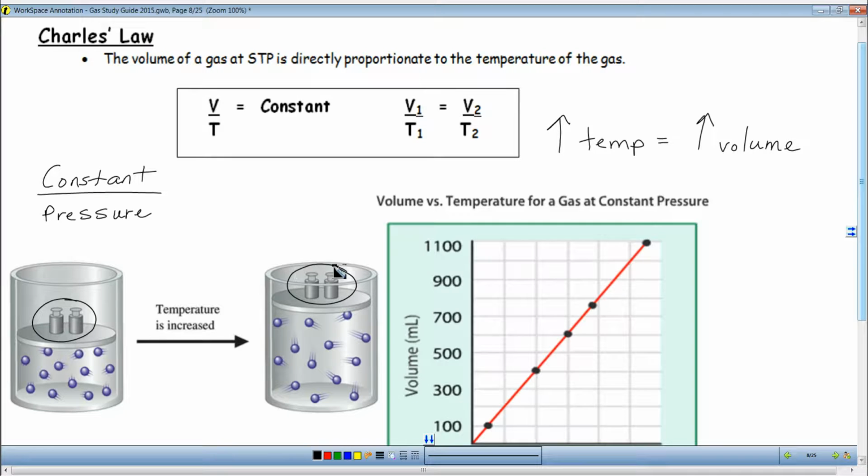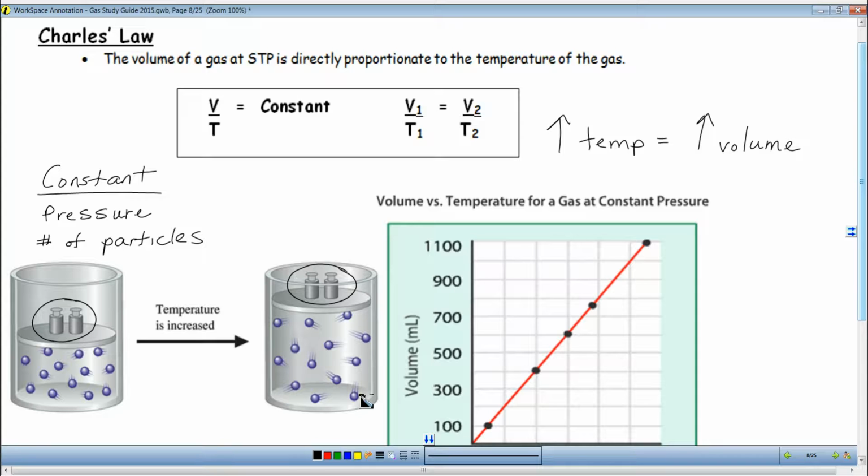It also needs to be a closed container so that the number of particles is the same. So for example, again, if I have this container, but it's not a tight seal and gas particles can somehow escape if there's a hole or whatever, well, then I could be increasing the temperature and I don't really see the volume expand because the particles are just escaping out of some kind of little pinhole.